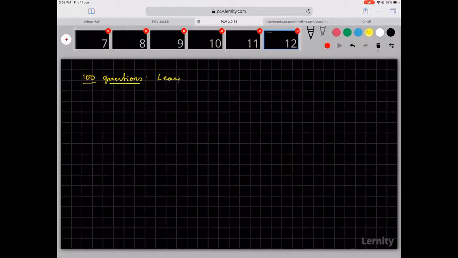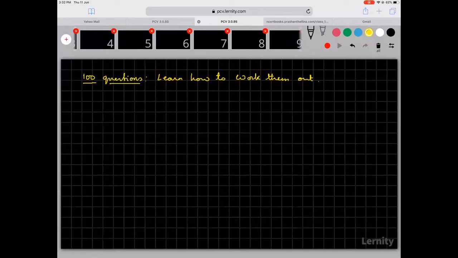We need to learn how to do this, so slowly we will learn. There is just one more thing that we need to learn in this particular chapter, so I will try to take that up and finish it. One minute, okay.